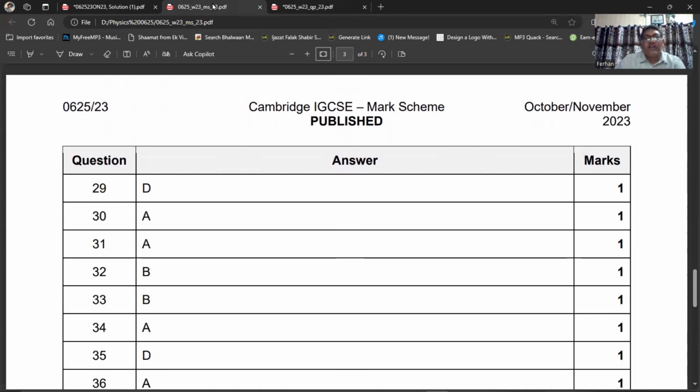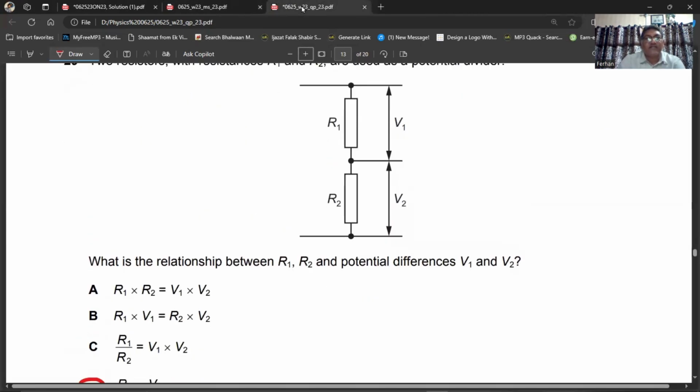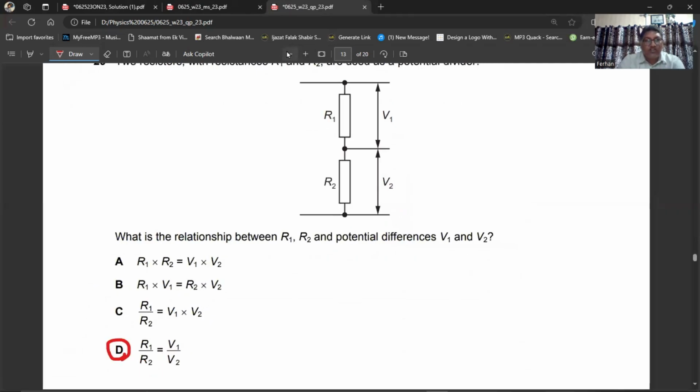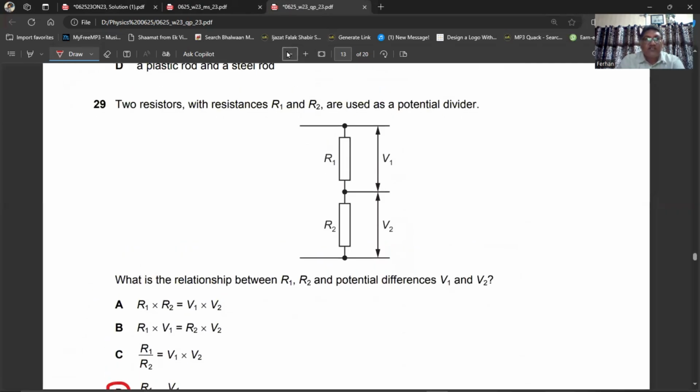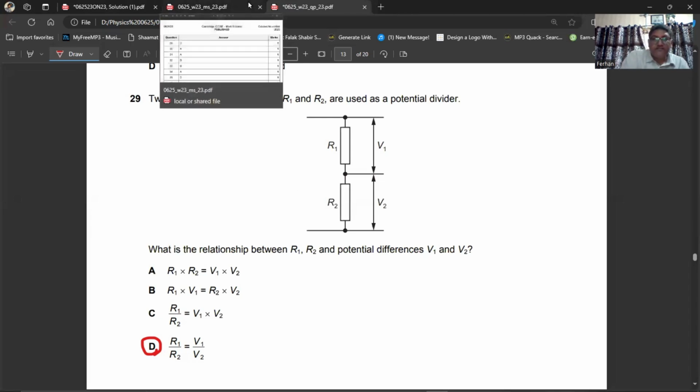Question number 29, D is the right answer, sir. You see, the voltage drop across a resistor depends upon the resistance. More the resistance, more will be the voltage drop. Less the resistance, less will be the voltage drop. This is a potential divider.